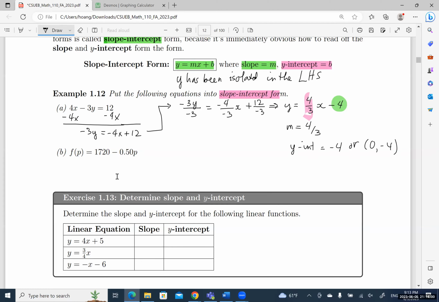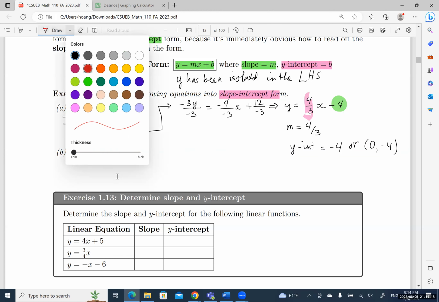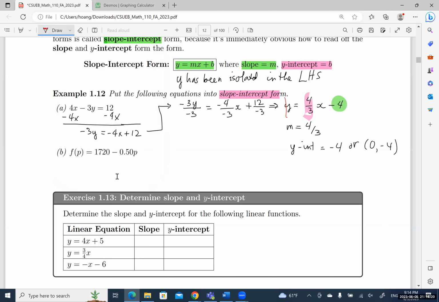Okay. Similarly, for the... actually, I forgot to state the answer. The answer must be here. Oh, yeah. That is slope intercept form.